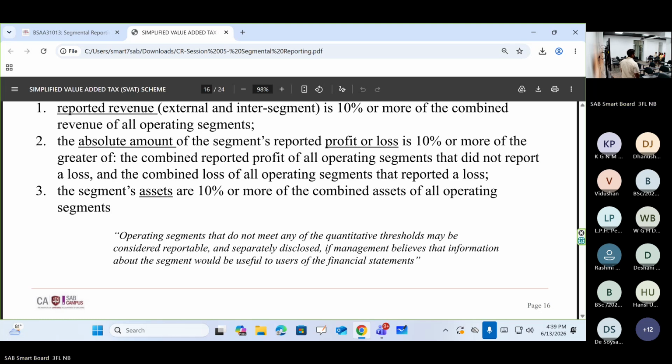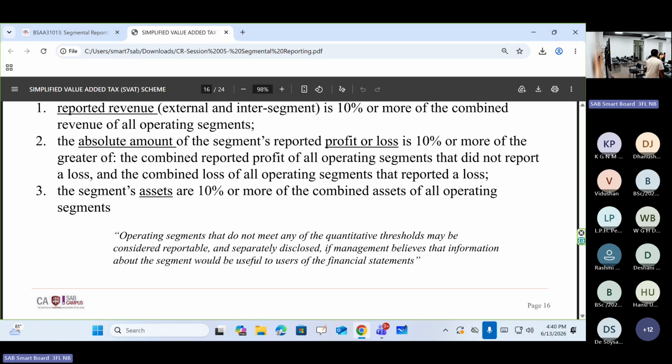It is not within the quantitative threshold. It does not comply with the quantitative threshold. If the CEO asks you, can we disclose some new, very immaterial segment as an operating segment, a reportable segment? Can we do that? Yes, we can. If management wants to, they can disclose that information.